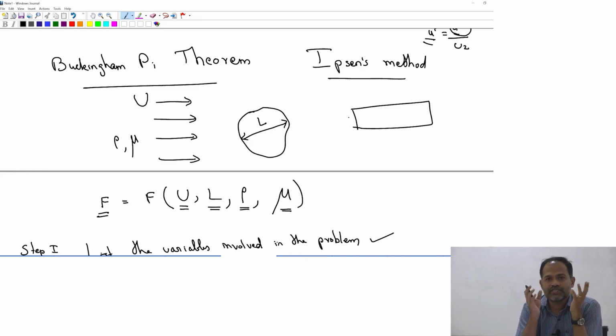Or if it was a star, I could have chosen multiple lengths. Right now I am assuming that there is only one particular length that is relevant for my problem. If you wanted to do a rectangle, you could define an A, you could define a B, and you can say it's a function of A and B. So if you like, you can assume right now that it's a sphere of diameter L.